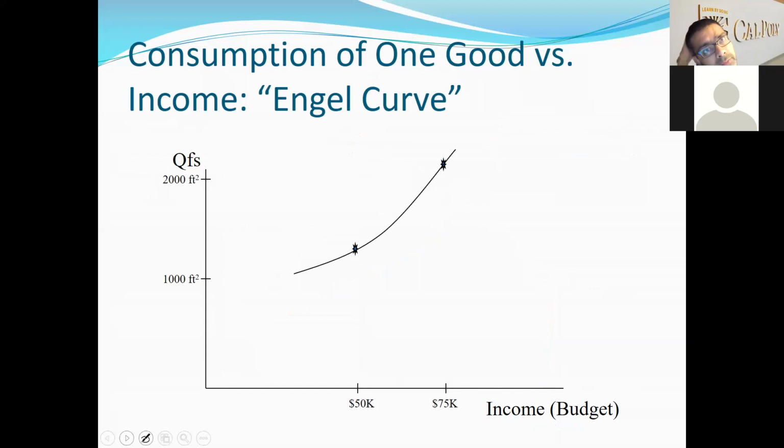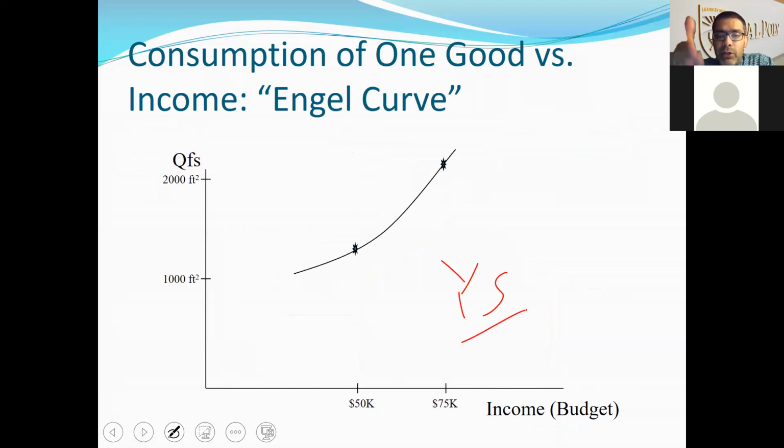In the case of an Engel curve, you have one good versus the income. So basically you treat one of the elements as fixed. What we're doing here is that you fix the yard space that you want to buy.